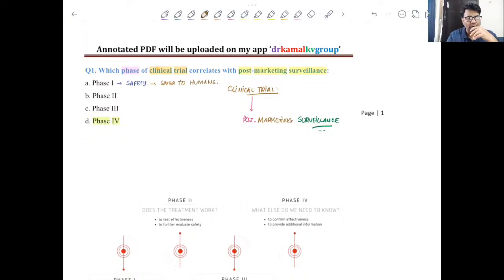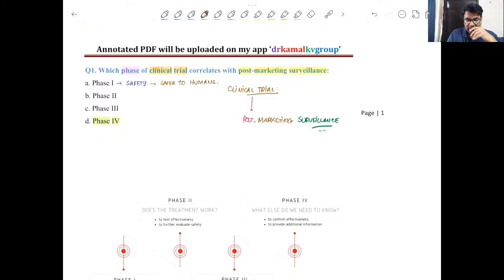Clear? Therefore the drug is given to healthy volunteers under an ICU setup, so that in the rare case of any reaction, the person can be managed in time. So this is given to healthy volunteers, non-patients, and the very first step is to assess the safety of the drug.